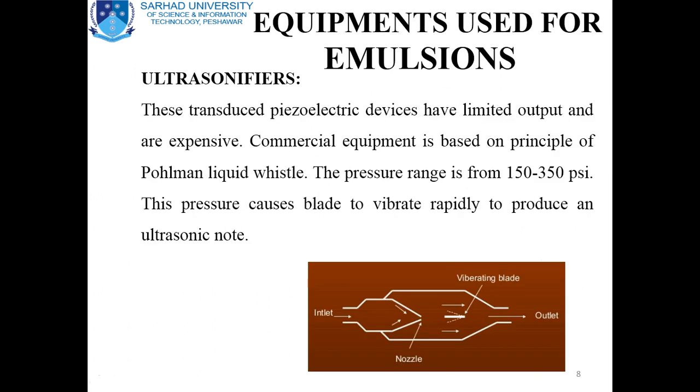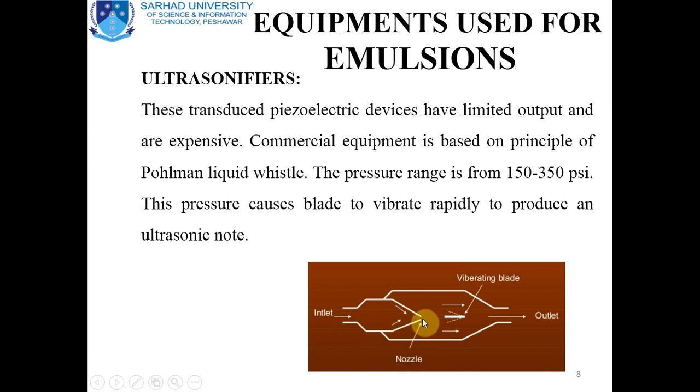The fourth type of equipment used for the emulsification process is termed the ultrasonifier. You can see in the diagram that the material to be emulsified is introduced inside, and a nozzle is there.